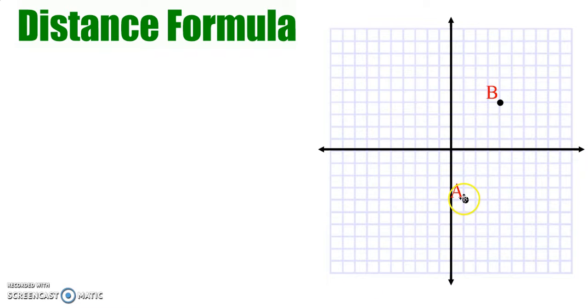So if I look at point A and point B, I am trying to simply find the distance between these 2 points, from point A to point B, the shortest distance. If I can find the distance vertically and I can find the distance horizontally, the diagonal distance will help me create a triangle.